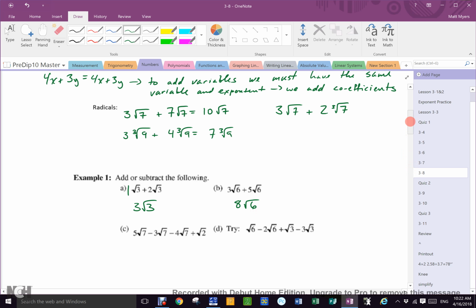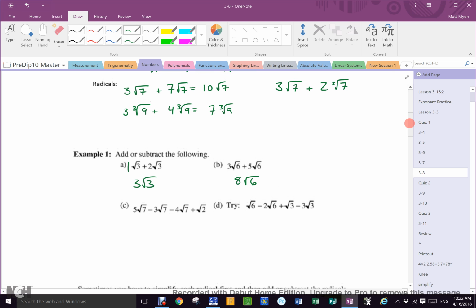How is C different? There's another one there, right? So we already know what to do with that. What do I do? 5 minus 3 minus 4 root 7, which is negative 2 root 7 plus root 2.